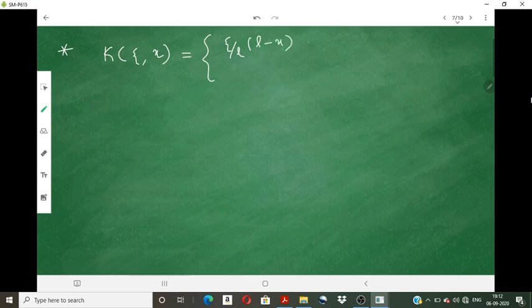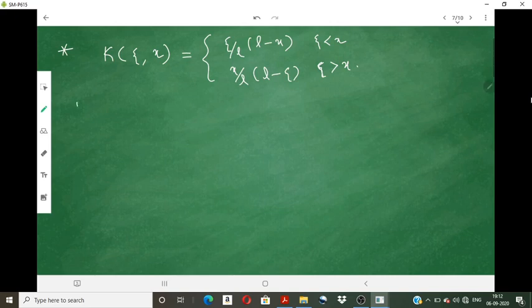Now we consider some second note. We have seen that when we convert the boundary value problem into the Fredholm integral equation, we obtained the kernel which takes two values: when theta is less than x and when theta is greater than x. That is, it is theta by L into L minus x when theta is less than x, and x by L into L minus theta when theta is greater than x. So what happens when theta is equal to x?